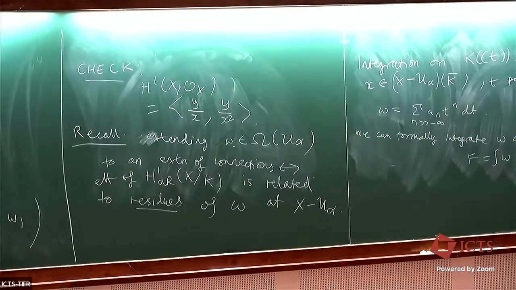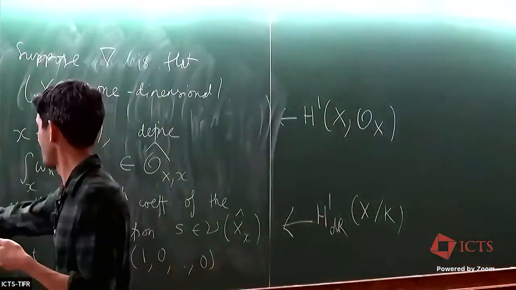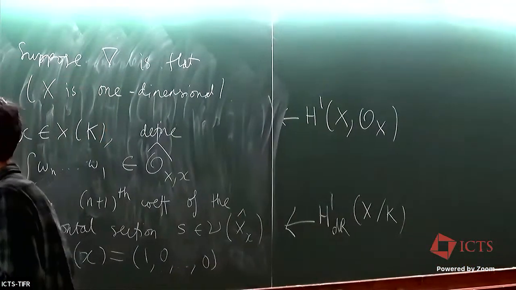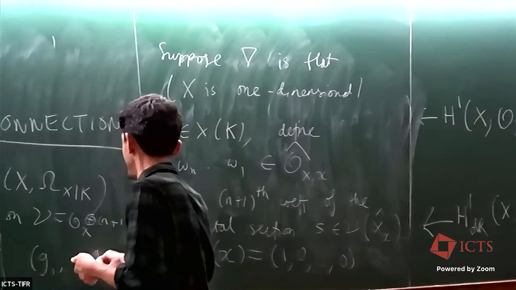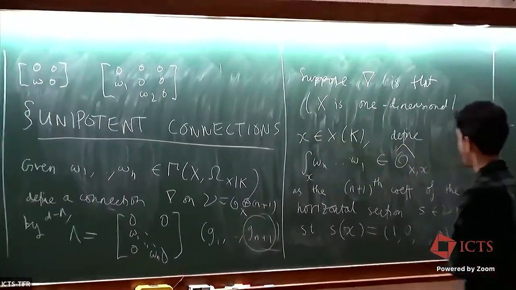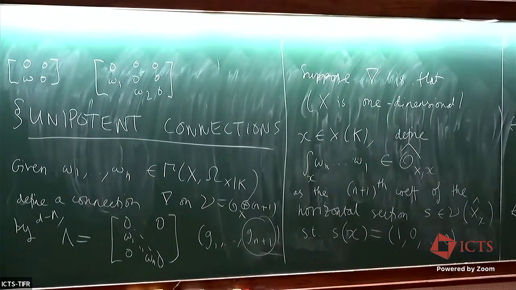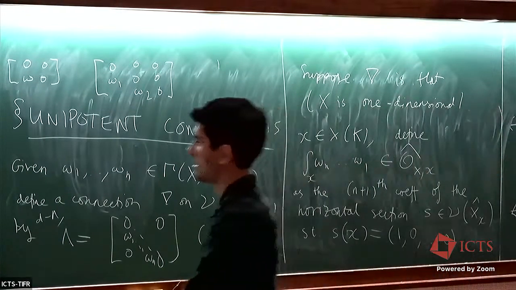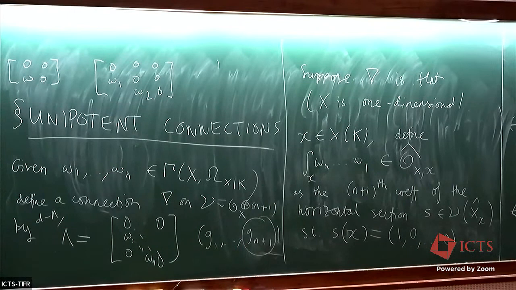So this vector bundle is O_X to the n plus 1, so a section is just given by something like this.